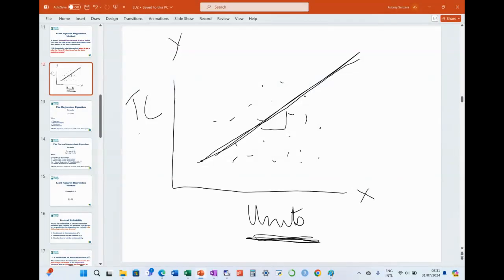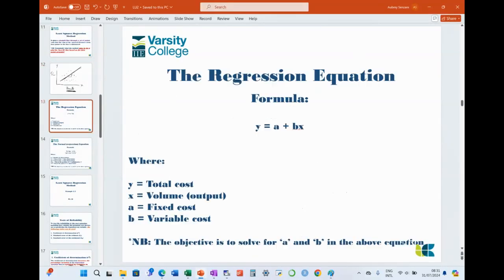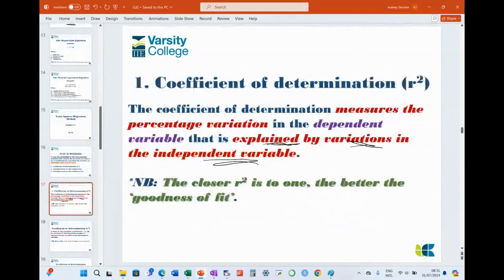How reliable is the number of units in explaining the variation of our total cost? Is it a good explanation for when units increase, can we reliably say yes, our total cost is also going to increase? That's what they're speaking to there.